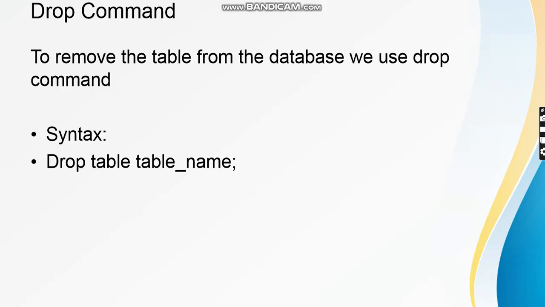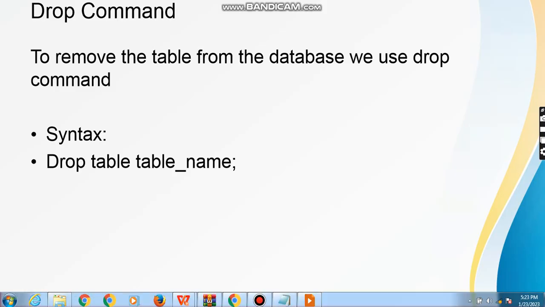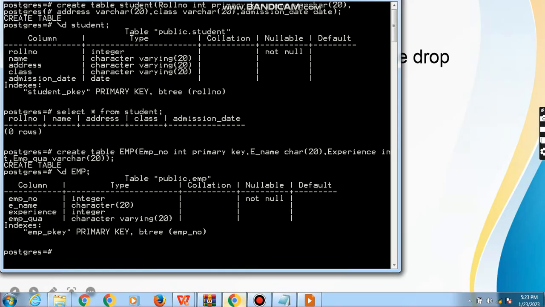We are going to see this with the demonstration, how to drop the table. Now I'm already having one table. I'm going to take that particular table. Let's see which table I'm having.